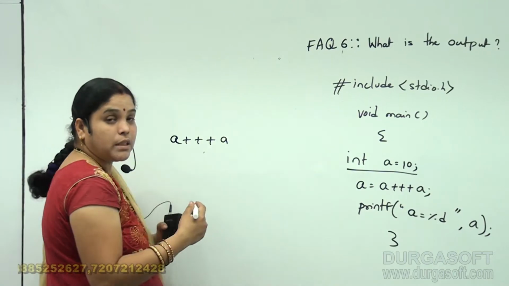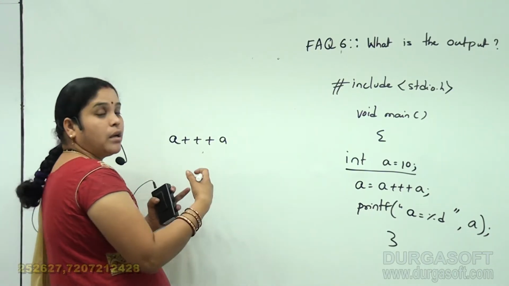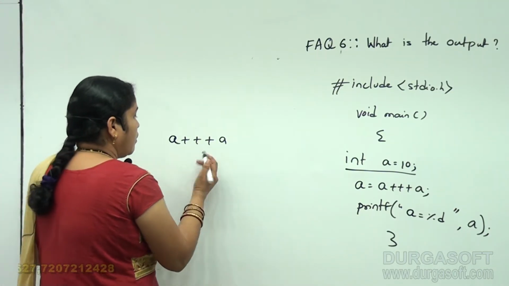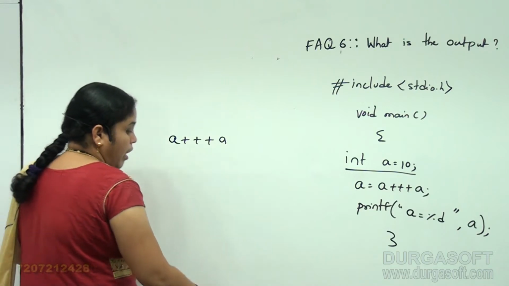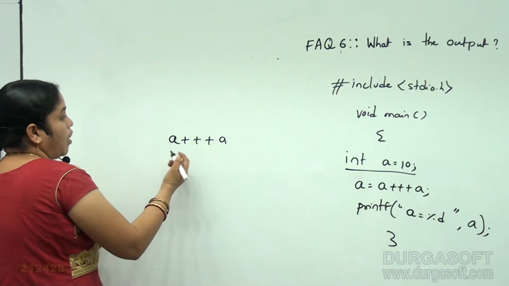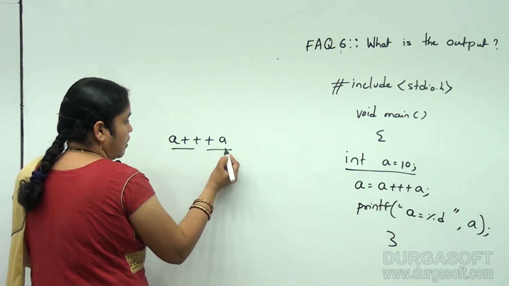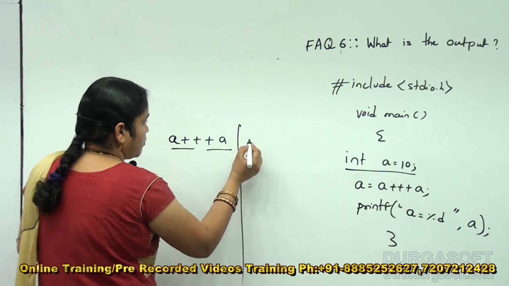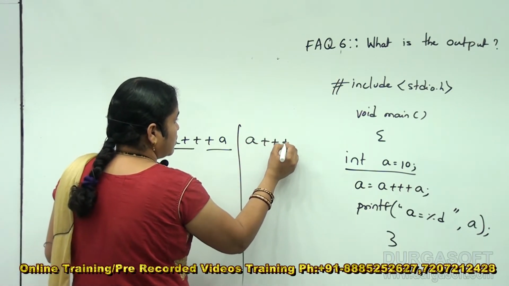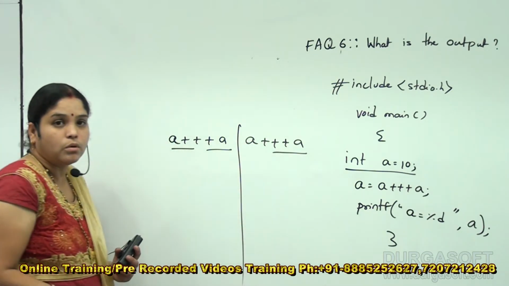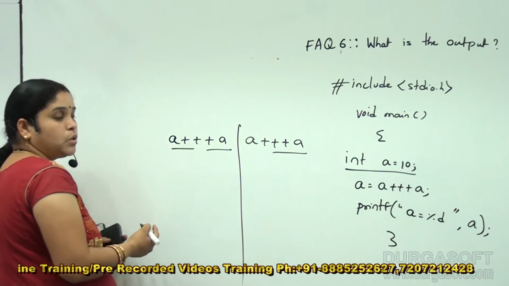So how does the system, the compiler, internally calculate? How will it manipulate the value, either this way or the a value or this way? Note this one, this is known as a unary operator.